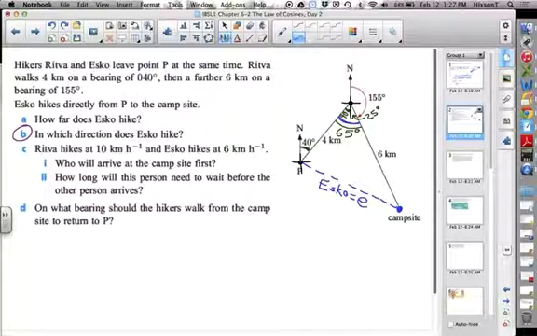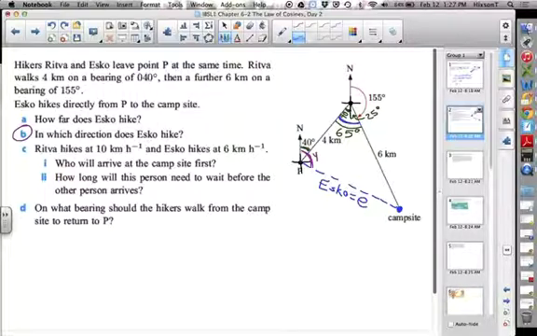If they've given all of our other directions in terms of bearings, then we should give this answer in bearings. So it's looking for this whole angle right here. We're going to need to figure out this angle in the triangle and then add 40.